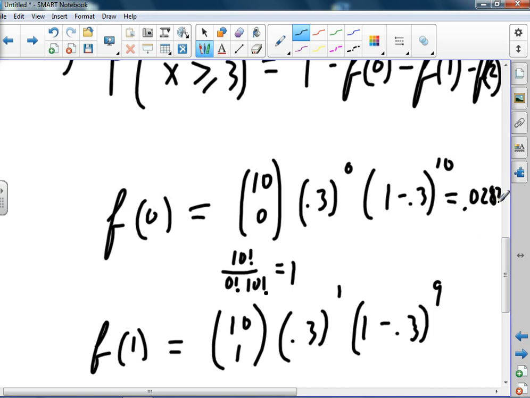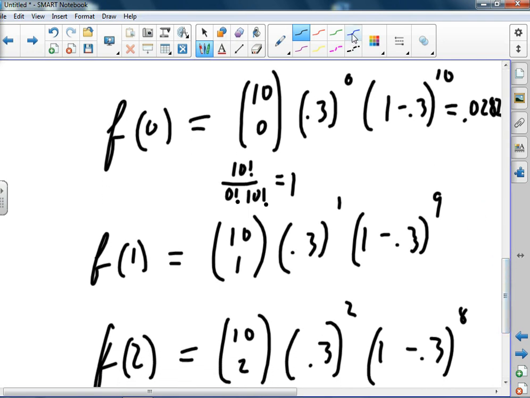0.028. Ran out of room. We'll throw in another 2 just for the heck of it. And now we have 10 factorial divided by 1 factorial, 9 factorial, 0.3 raised to the first, 0.7 raised to the ninth. So this is going to be 10 times 0.3 times 0.7 raised to the ninth.